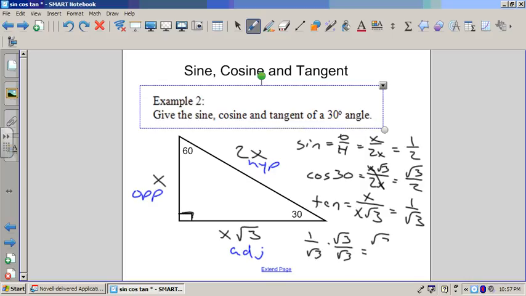I'll get the square root of 3 over 3. The tangent of 30 degrees is equal to the square root of 3 over 3. Just using the basic properties of trig functions, knowing which sides are my opposite, adjacent, and hypotenuse, I can tell you what the sine, the cosine, and tangent of 30 degrees will be.